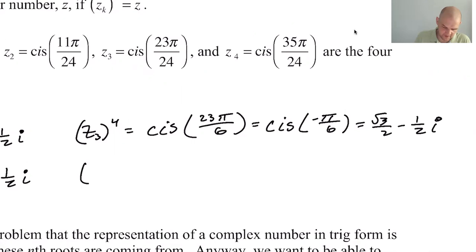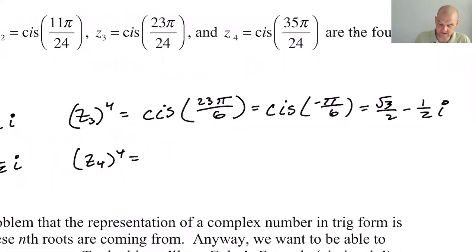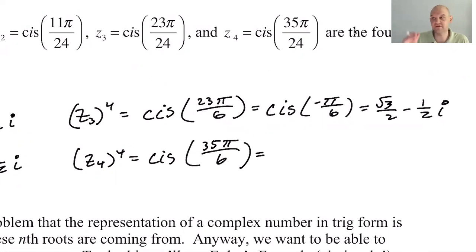Maybe this is a weird result to you. Maybe it's not. Maybe you're like, yeah, obviously. But every complex number has n nth roots. So what's this one? 36. I'm thinking 2 pi would be 12 pi over 6, so 3 of those is 36 pi over 6. Then subtract it off and you get negative pi over 6 again.